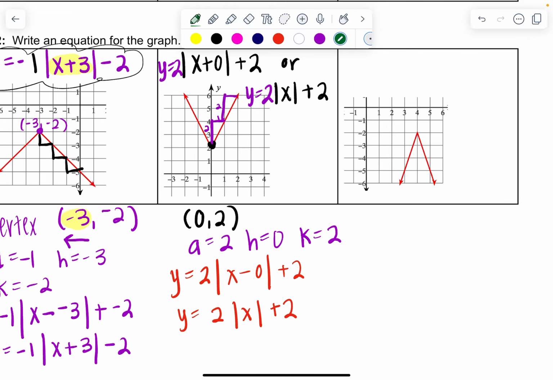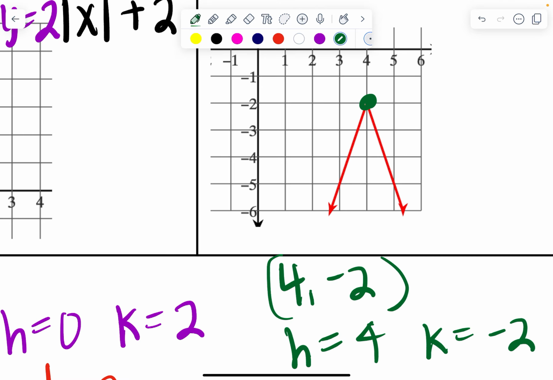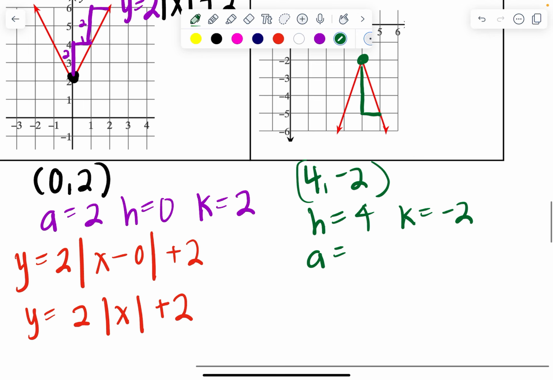So look at the last one. My vertex is at (4, -2). So I know my h is 4, my k is -2. Let's find my a. To get from one point to the next, I need to go down 1, 2, 3 over 1. And I'm going down 3, which means my a is -3.